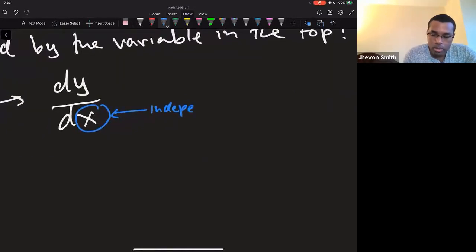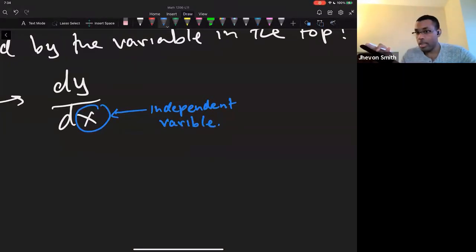The independent variable is on the bottom. That's the guy, when you differentiate him, you don't need to do anything. If you differentiate anyone other than him, multiply by their derivative.